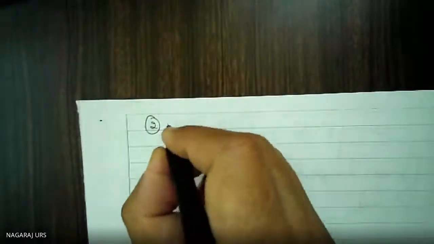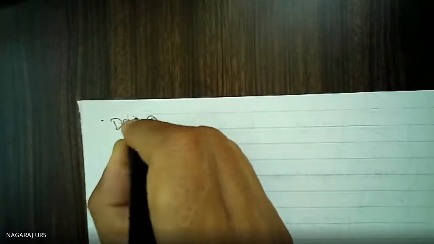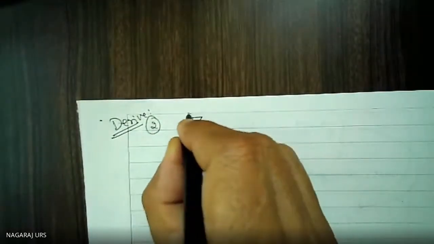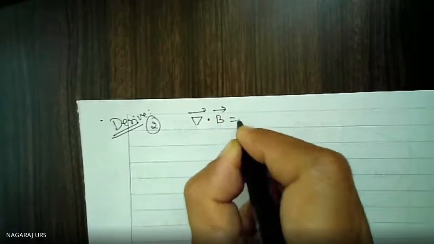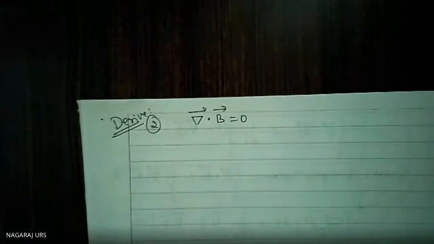Okay, that's right. Second equation, number 2. Maxwell's second equation, derive del dot B is equal to 0. Now we are going to make use of Biot-Savart law here.